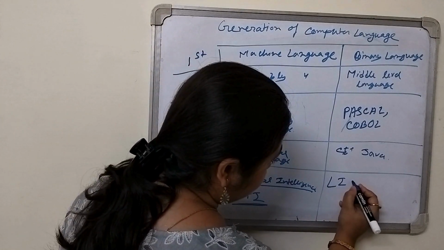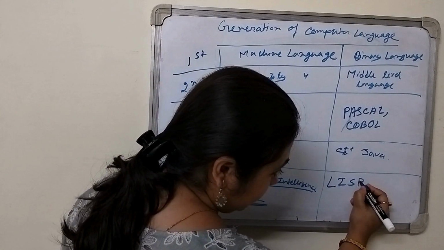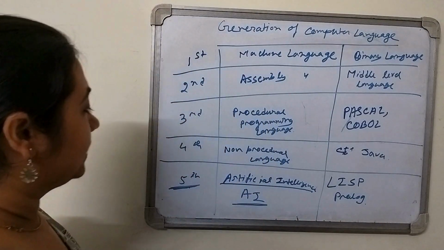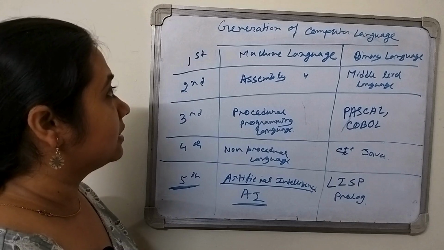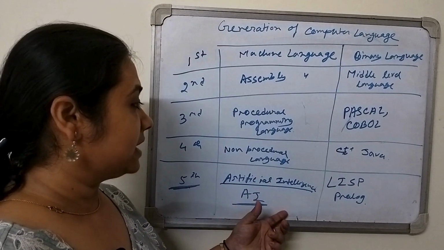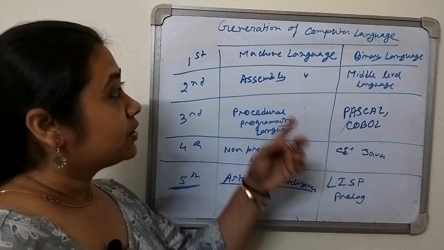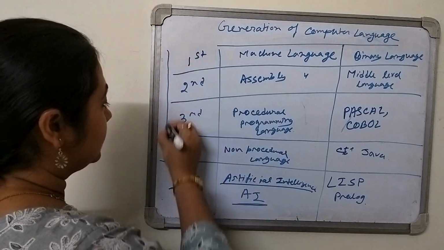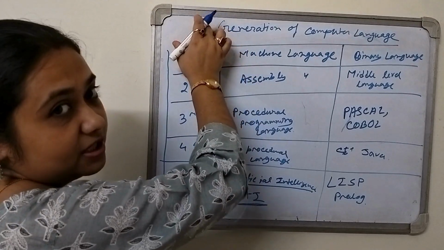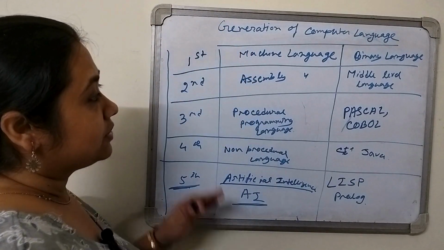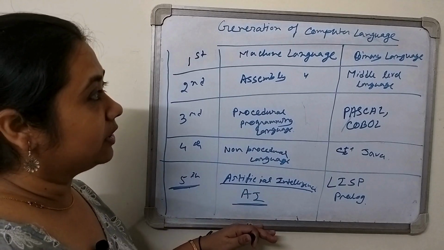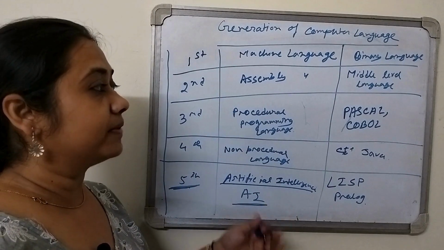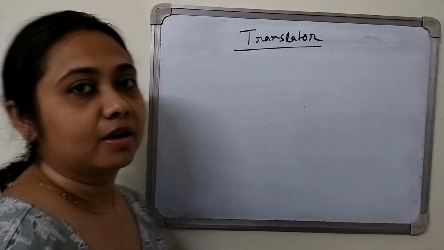The examples of the AI are LISP, Prolog. These are the examples of the fifth generation computer language, the artificial language. So this chart is very important. We have differentiated the languages generation wise. If you remember the chart, you can easily answer any question.